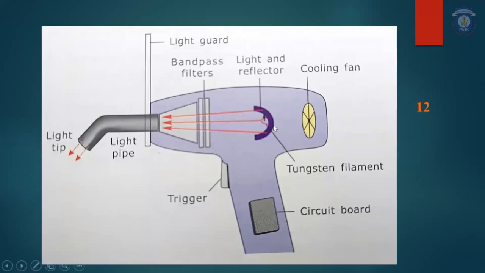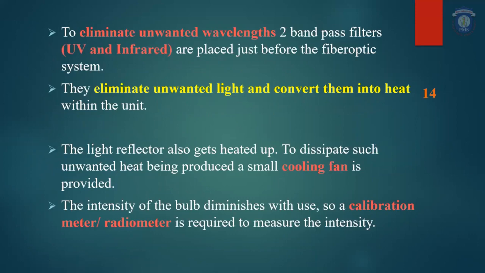This is the reflector that we just mentioned. And to eliminate unwanted wavelengths, we also have a filter which will eliminate the unwanted light and it will be converted into heat. So all those unwanted wavelengths of light will be converted into heat, and this heat will be dissipated by the inbuilt cooling fan within the unit.